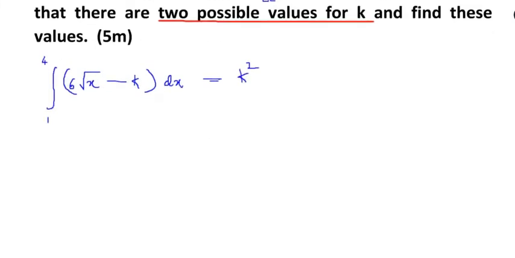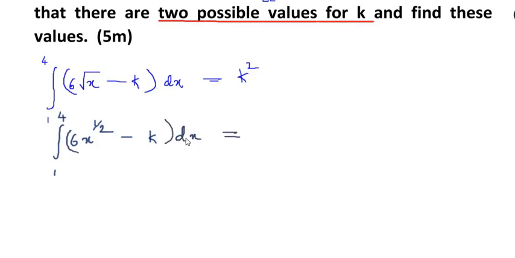Now what we will do is we will start integrating the left hand side and see what we will get. So let me change the power of x and write it as half, because x to the power of half is nothing but square root of x, minus k, integrated from 1 till 4, and this is dx.